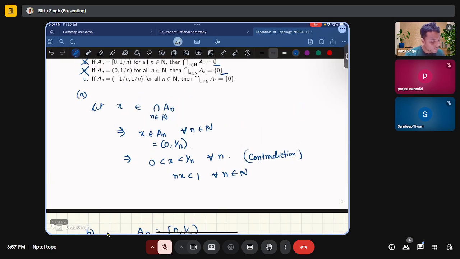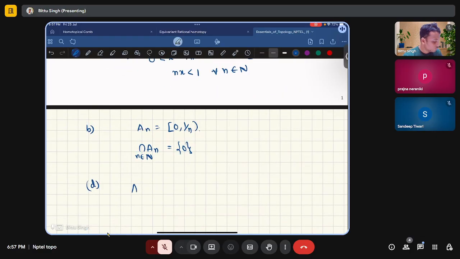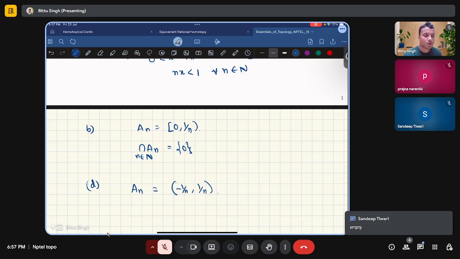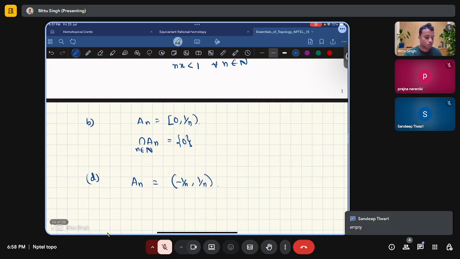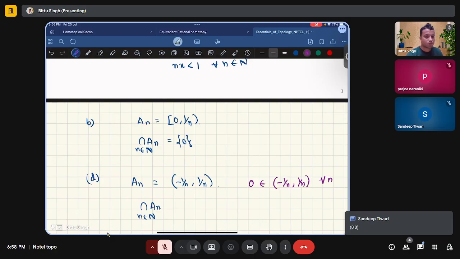Now what about D? For D, A_n looks like (-1/n, 1/n). So what about the intersection of A_n? You can see that 0 belongs to (-1/n, 1/n). This is true for all n, whatever n you choose.